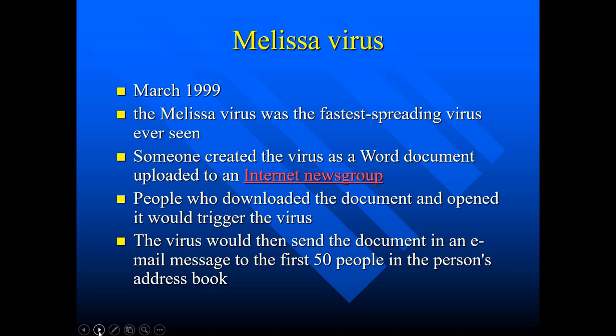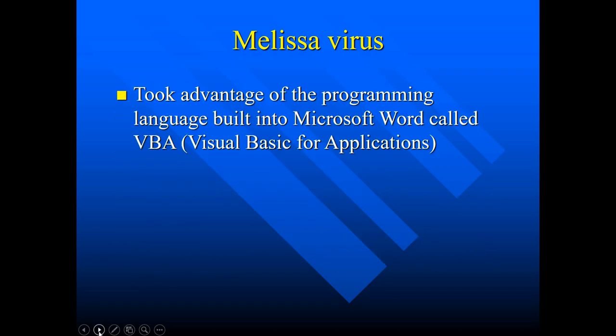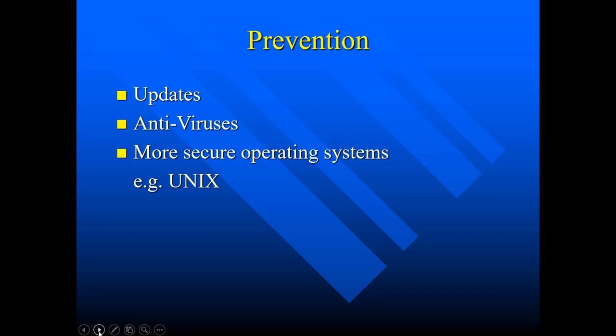The virus would then send the document in an email message to the first 50 people in the person's address book. The Melissa virus took advantage of the programming language built into Microsoft Word called VBA, that is, Visual Basic for Applications. We'll see how to prevent viruses and worms.